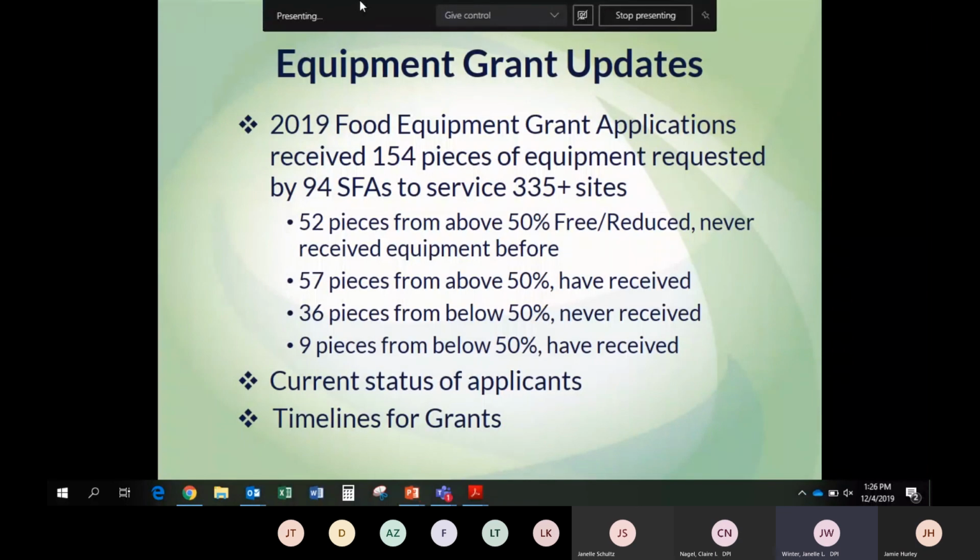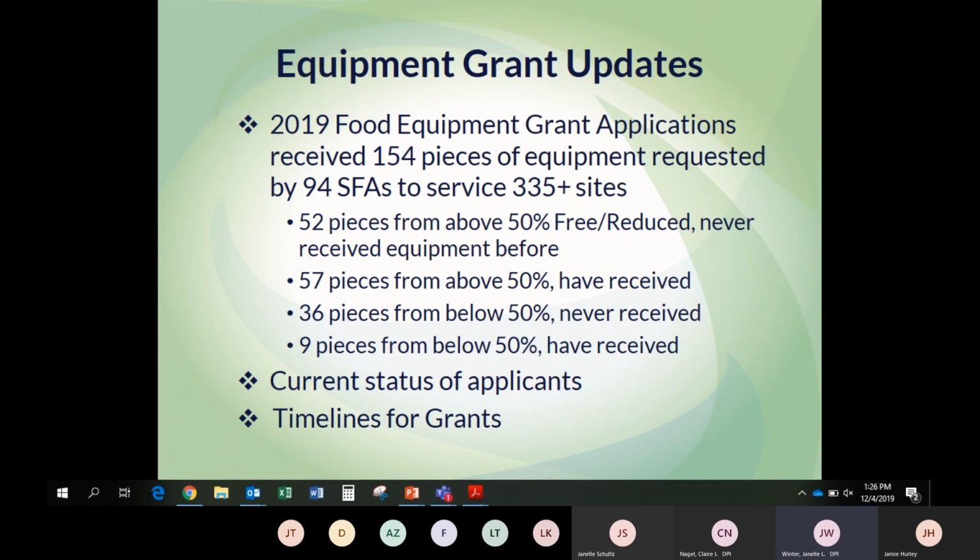All right, and here are some of the equipment grant updates for the 2019 food equipment grants. We received 154 pieces of equipment that were requested from 94 SFAs to service over 335 sites.